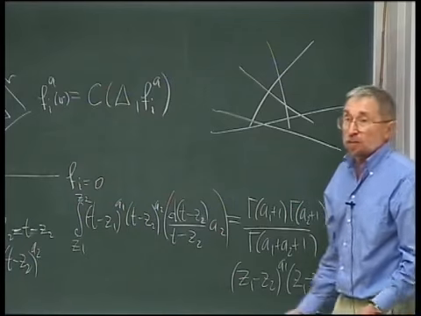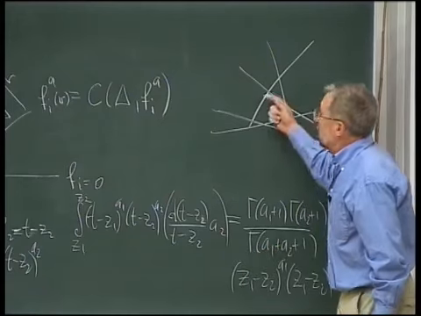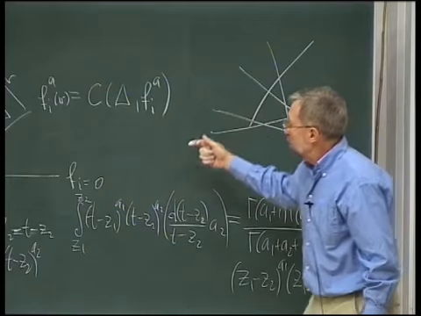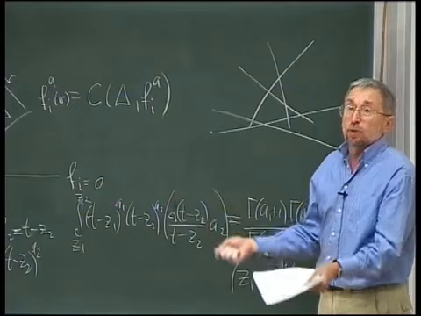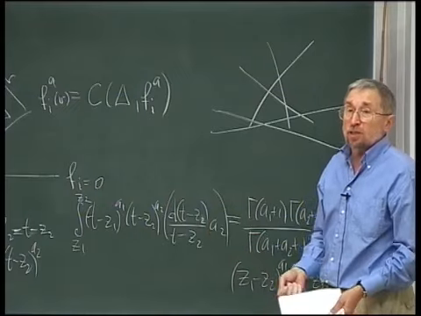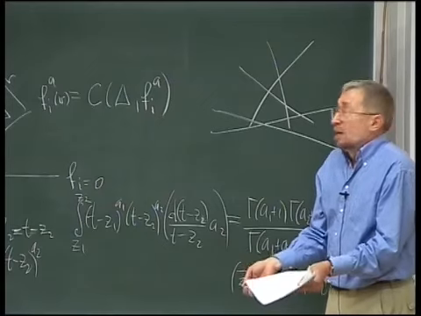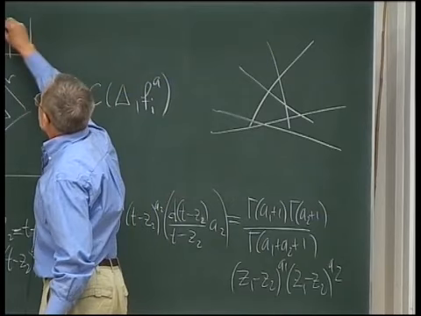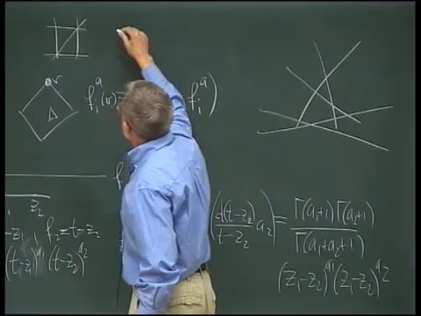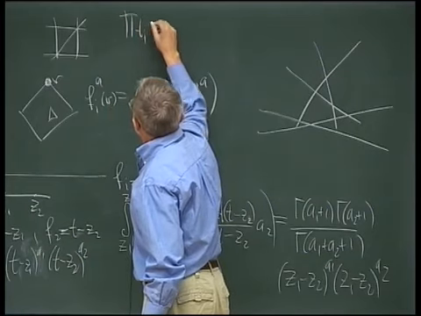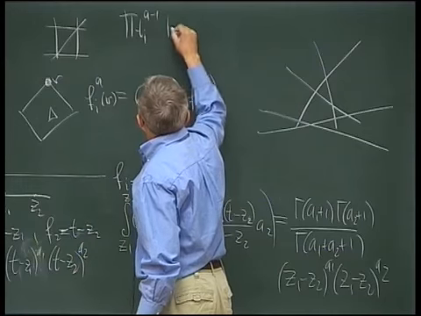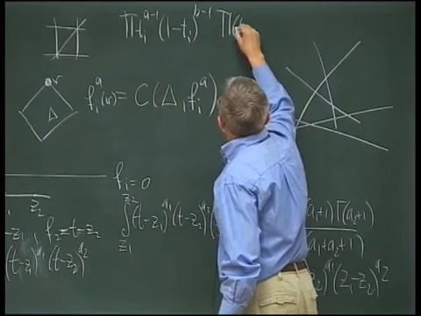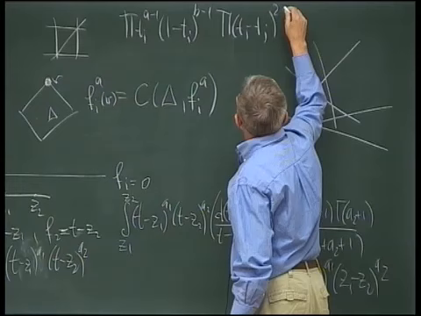And again, the main problem is, what if a symmetry group acts on this arrangement? Then this period matrix will split into blocks. How to write the determinants of the blocks? One simplest example is this arrangement: product of t_i to the power a minus 1, (1 minus t_i) to the power b minus 1, product of (t_i minus t_j) to the power 2c.